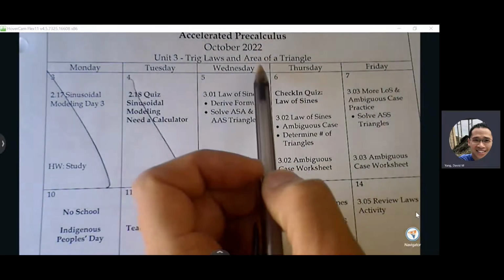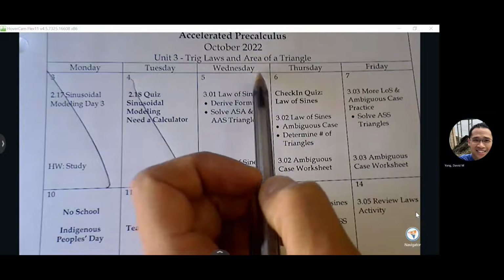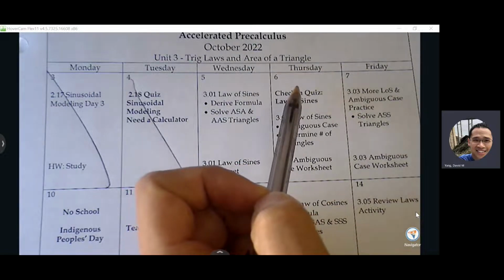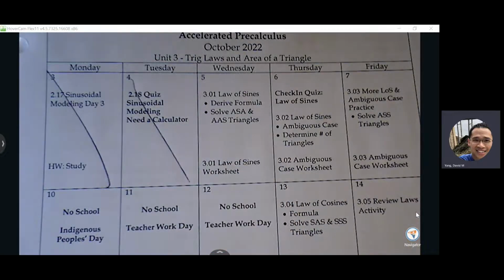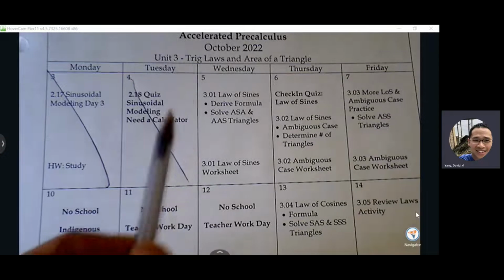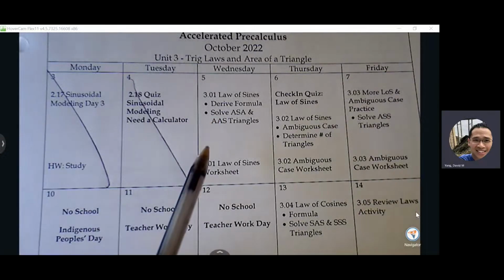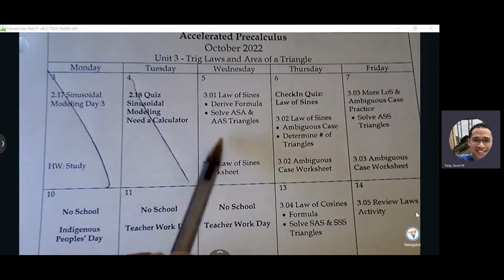Okay, so we're starting unit 3 today. Today we're going to go over 3.01 and talk about law of sines.